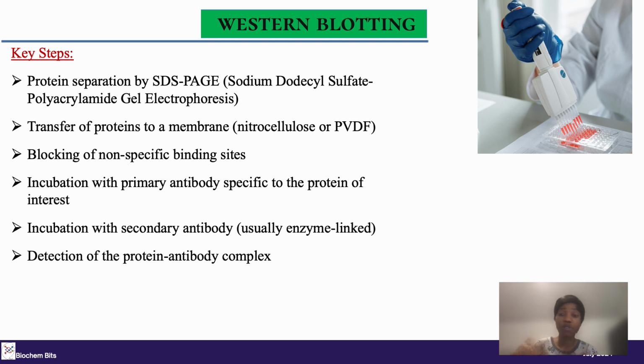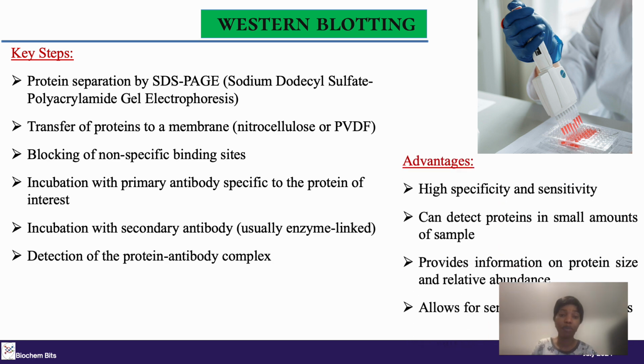The detection system is what will quantify how much of this substrate can be detected. Often you use the chemiluminescence system to identify it. This system is also very powerful, and it analyzes the protein separation.